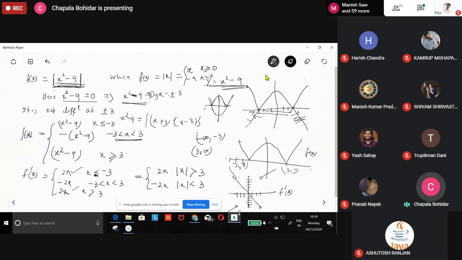I have written all these things just to explain, it is not necessary to write them all. You find out it is not differentiable here, then write your functional value like this and the f dash x like this, and draw these two figures. Clear?